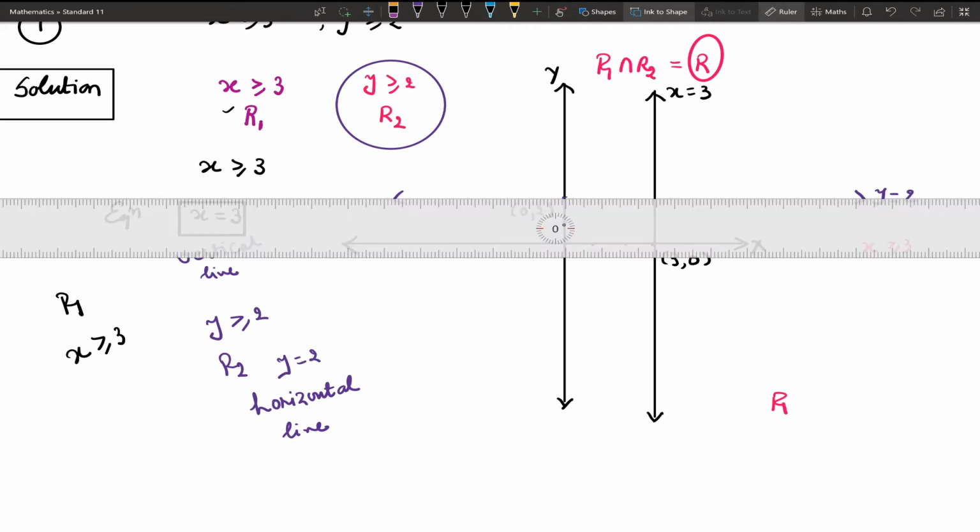First we denote x greater than or equal to 3.